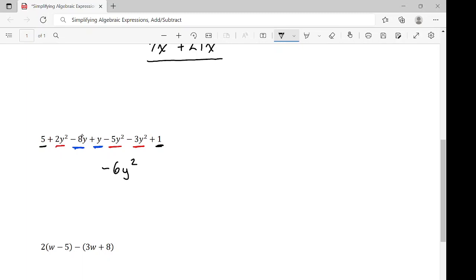So negative 8 plus 1 is going to give us negative 7y. And then 5 plus 1 is 6. And again, y squared, just a y, no y's, no more like terms. So this is our simplified version of this expression.